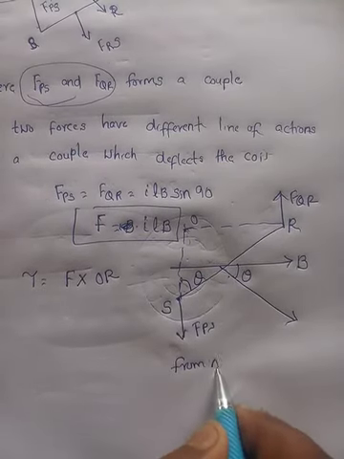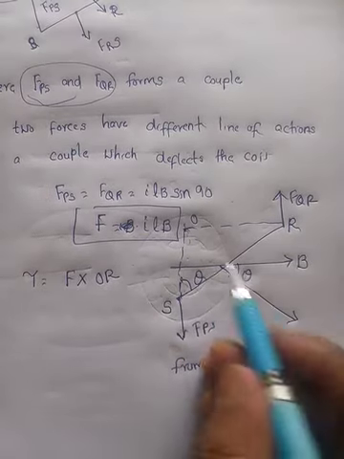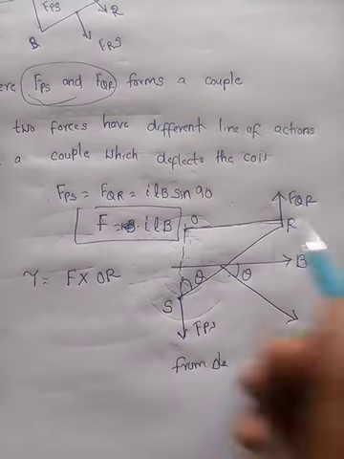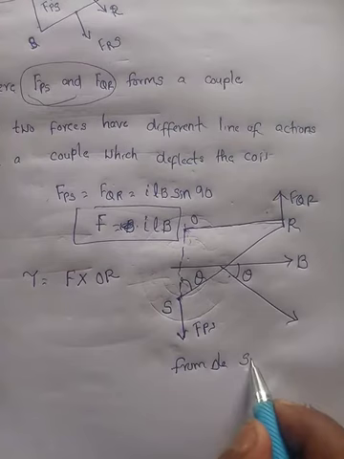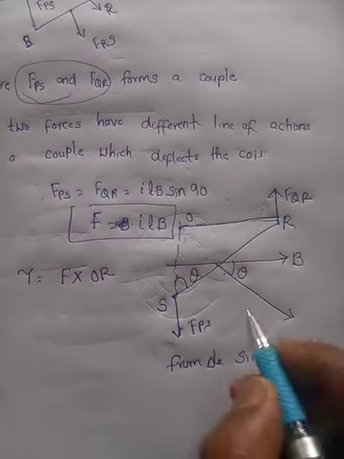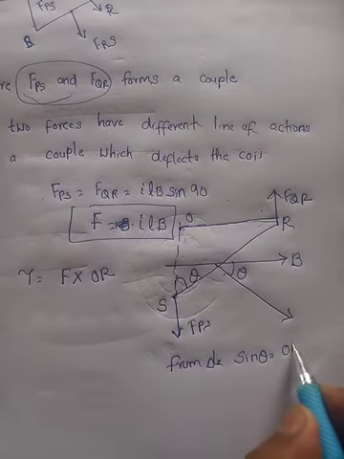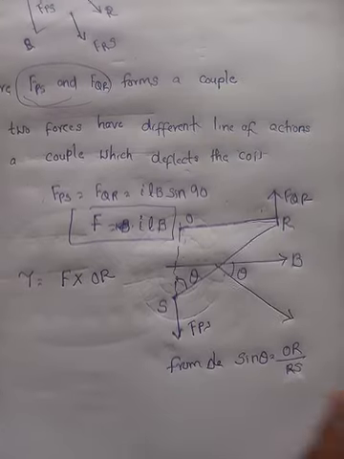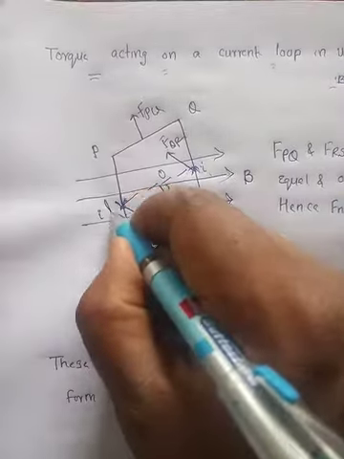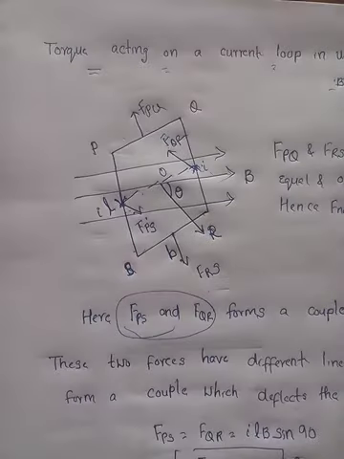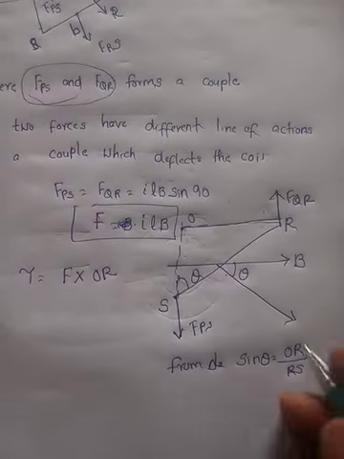Now from this triangle I want to calculate OR, the perpendicular distance. This is the opposite side. Sin theta is equal to opposite side OR by RS. Already we said that this is a rectangle having length L, breadth B. What is the breadth here?